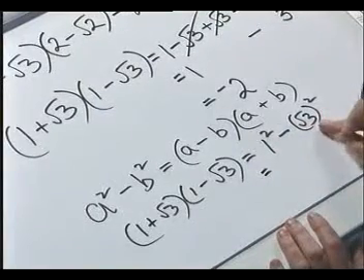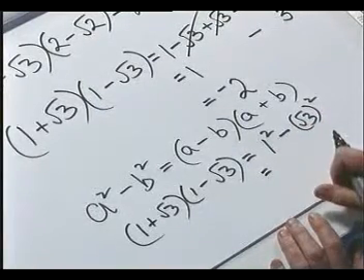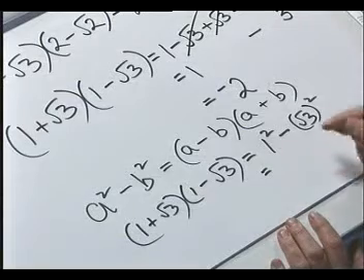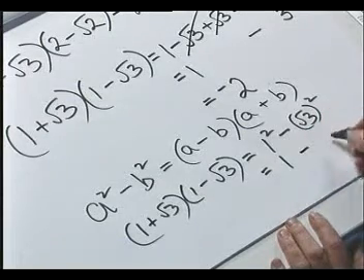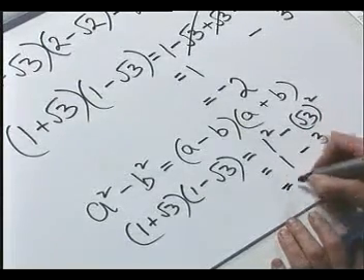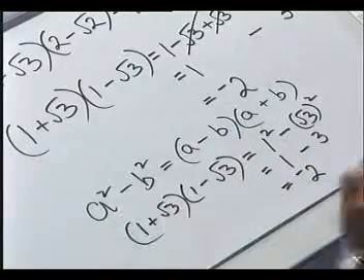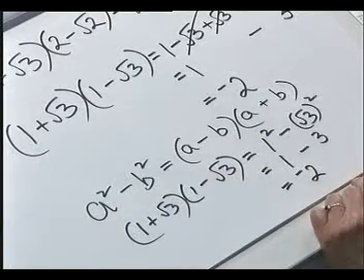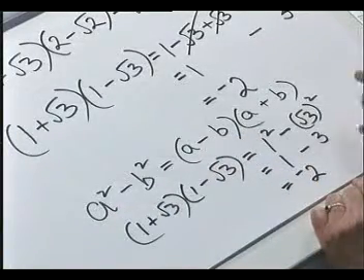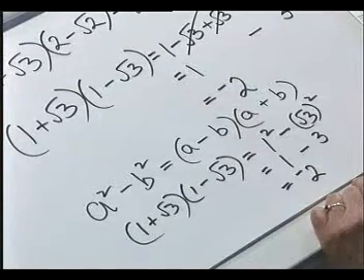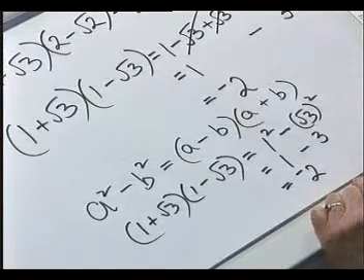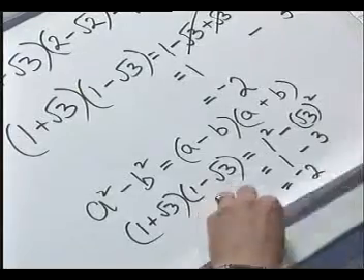Again, notice we're using that simple fact which makes things really easy. That is 1 minus 3, which is negative 2. So if you remember this expansion, the difference of two squares, this is very helpful sometimes when you have calculations involving surds.